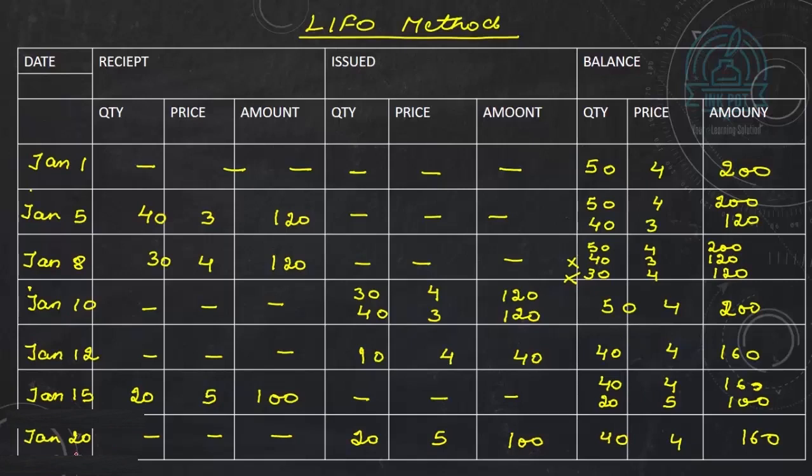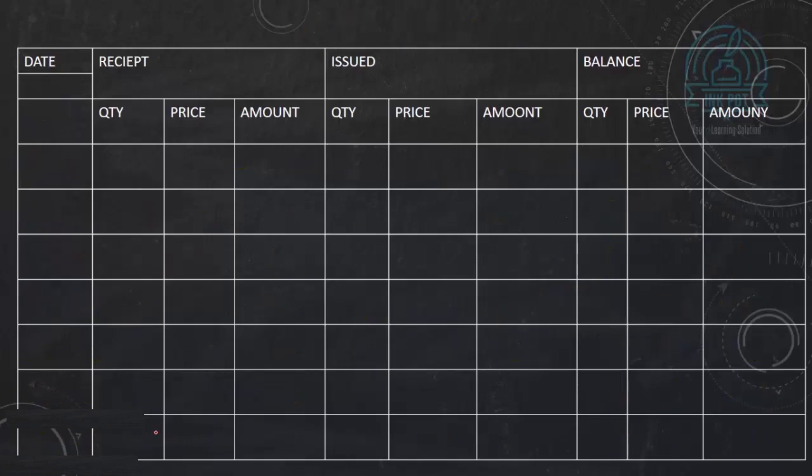Then the next transaction is on Jan 24. On Jan 24, we have not received anything, but yes, we have issued 10 units at the rate of 4. So value is 40.